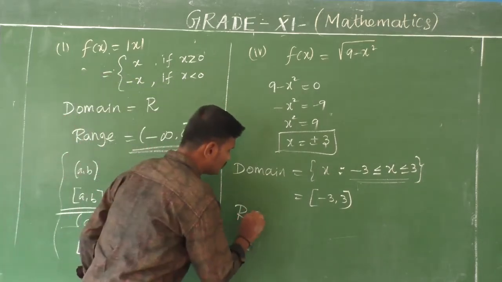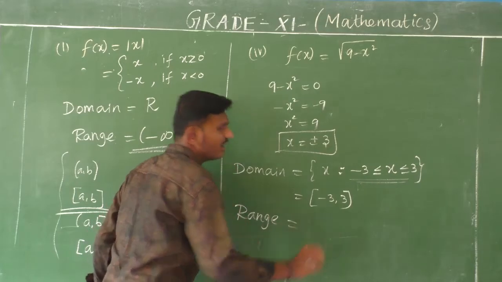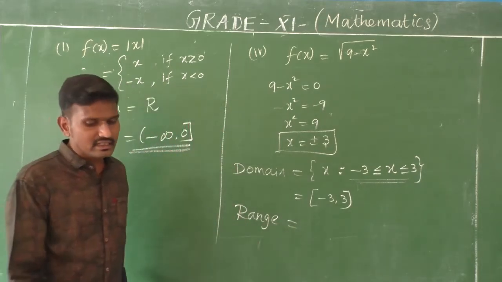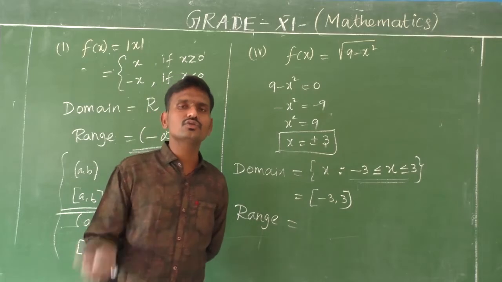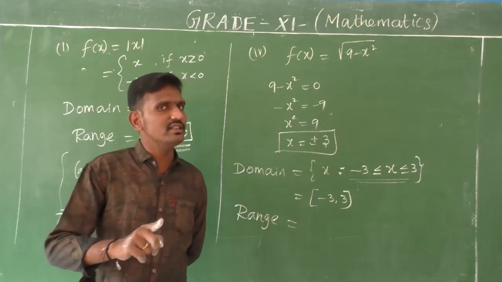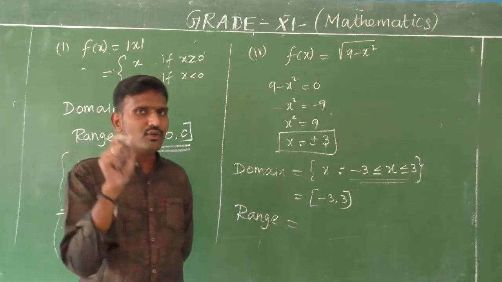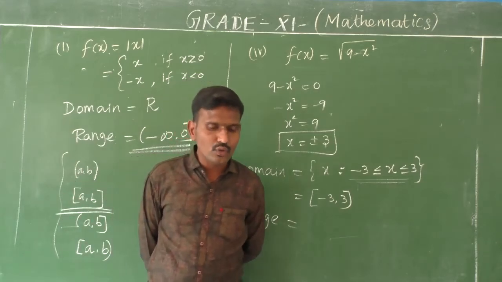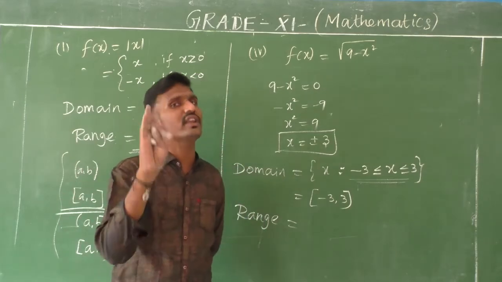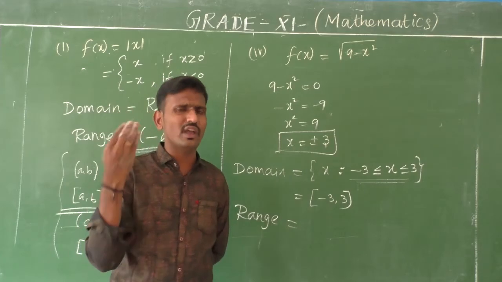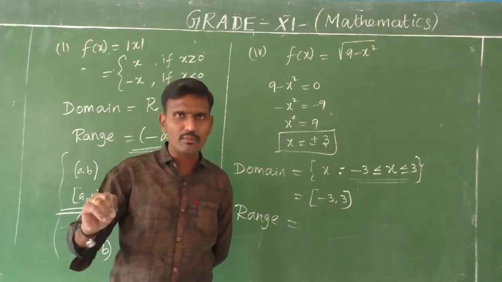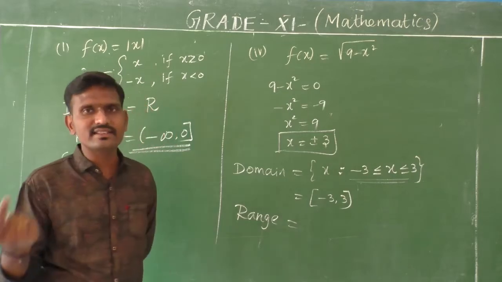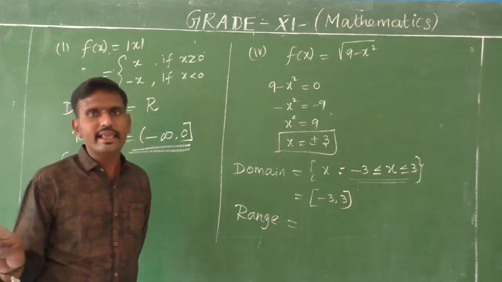Now coming to range. The range of the function is also very simple. Why? The given question is f of x equal to square root of 9 minus x square. Is it or not? Yes. So for that f of x, how to get the answer equal to 0, you know? Yes, we have to give the value of x equal to 3. Suppose minus 3 also is given, it's not a problem, but it will come as plus 9 only, because minus 3 the whole square and plus 3 the whole square give the same answer.